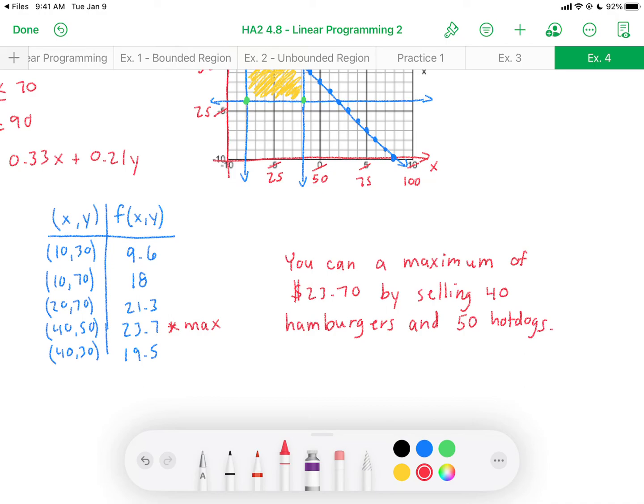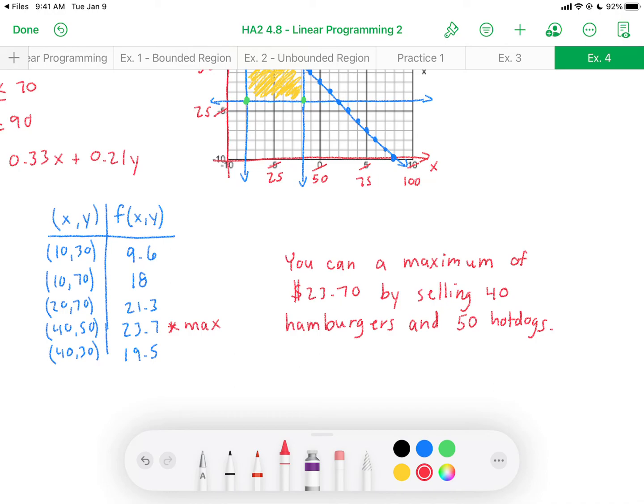And notice the combined total there, 40 and 50 is 90, and we have that stipulation we can't make more than 90, right? So to make the most money, you need to make as much as you possibly can between the two.